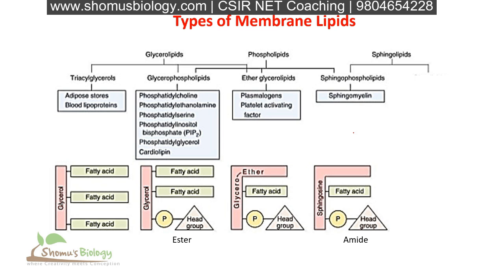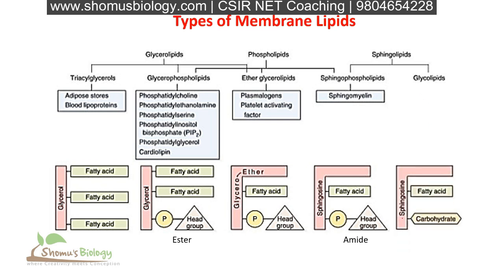The example is sphingomyelin. And the last type is glycolipids. Glycolipids also carry a sphingosine backbone, but instead of a phosphate connected head group, they contain a carbohydrate moiety attached to the sphingosine backbone. It contains 1 fatty acid, just like the sphingophospholipid, but instead of the phosphate with head group, it carries only carbohydrate.